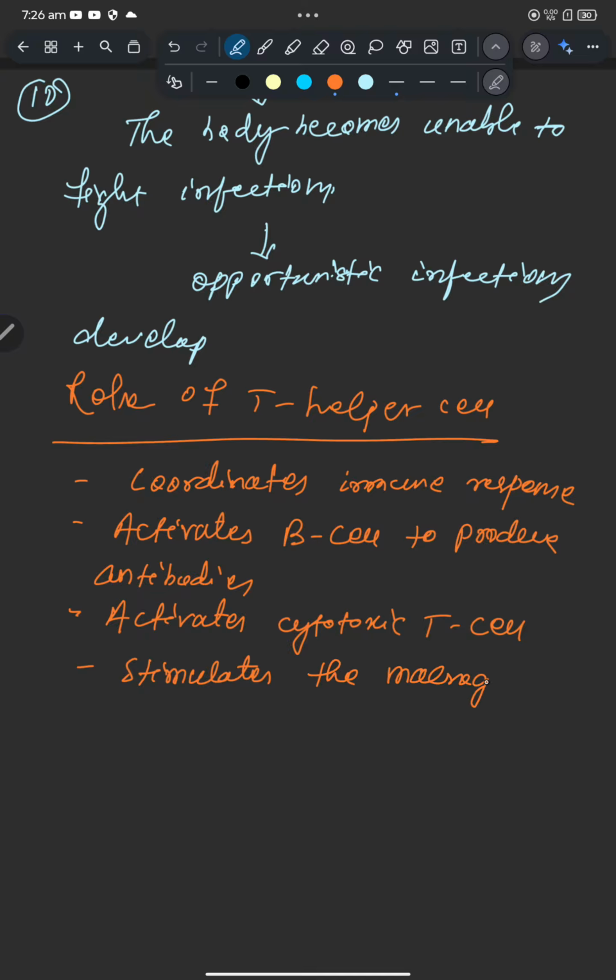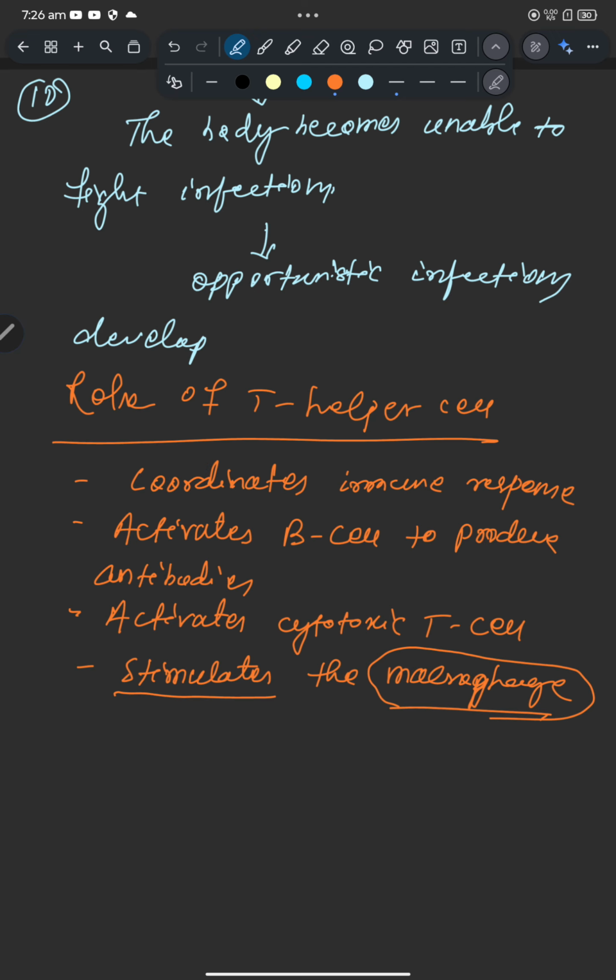Macrophages are phagocytic cells, but they get stimulated by the T helper cell. Unless the T helper cell asks them to kill the pathogen, they will not kill it. So when the number of T cells reduces, the macrophage becomes non-functional. They may be present in huge number, but they are non-functional, and as a result it leads to severe immune deficiency.